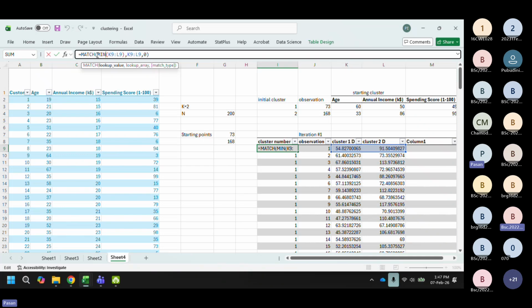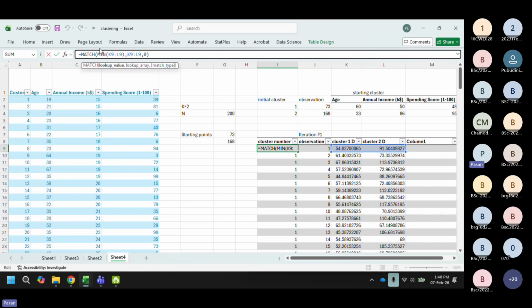We want to find out the minimum out of the two values, right? Here, what I'm saying is that the lookup value means taking the minimum out of these two, right?